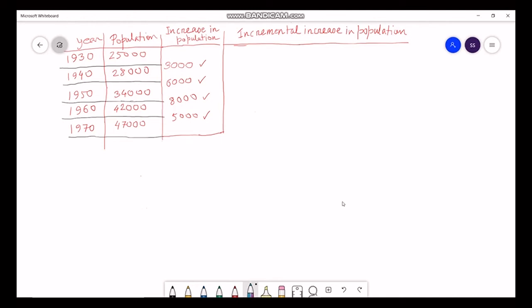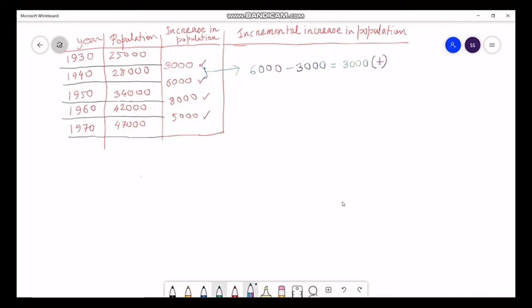In case of between 3000 and 6000, the incremental increase is on the positive side. That is 3000. We consider this as positive.